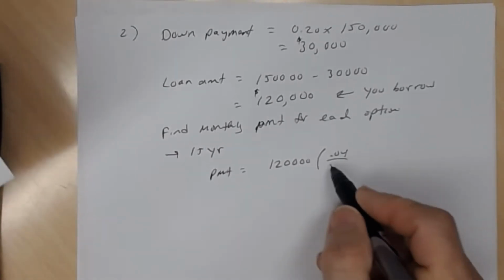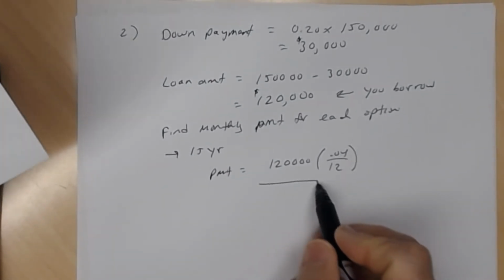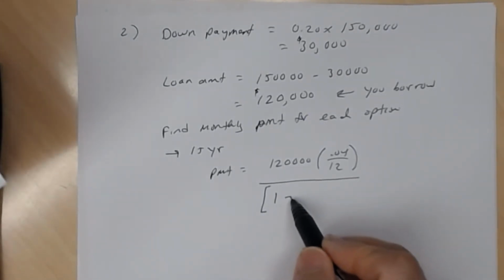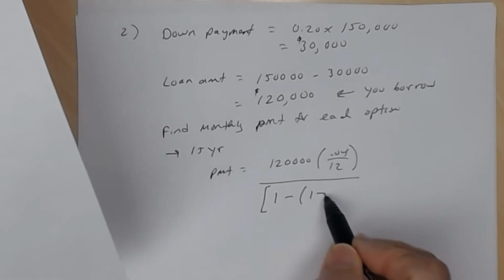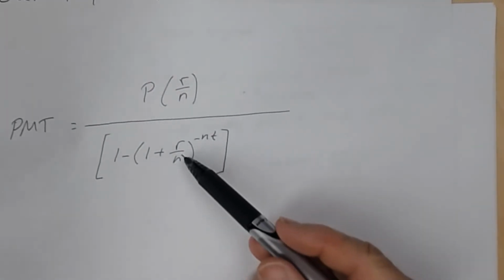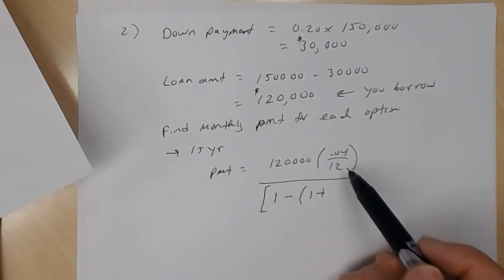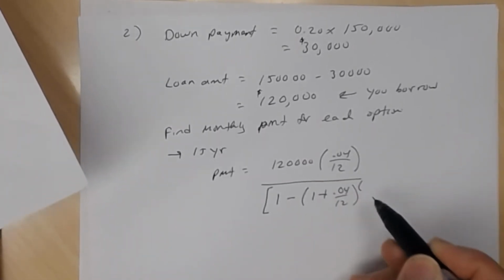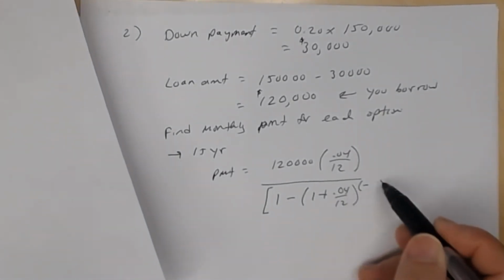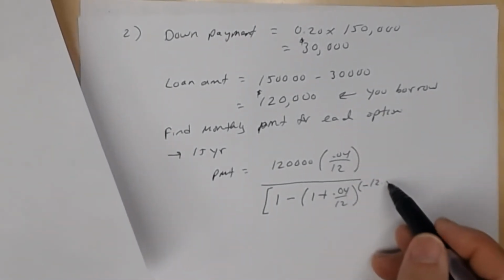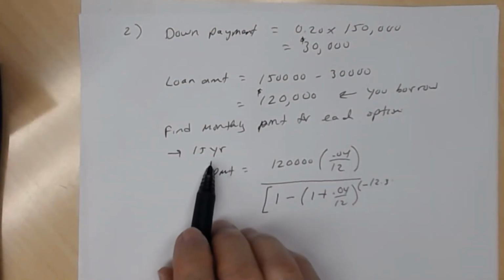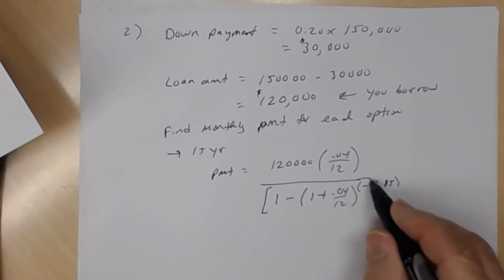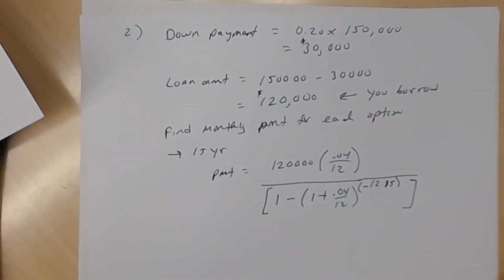So that's 12, divided by, and then you're going to have bracket, 1 minus parentheses, 1 plus R divided by N, 0.04 divided by 12, raised to, in parentheses, negative N times T, which is 12 times 30. Oops, sorry, 15, right? 15. And then close bracket.